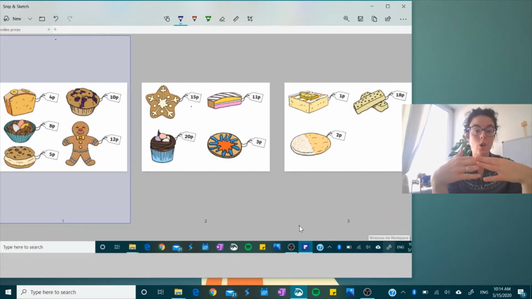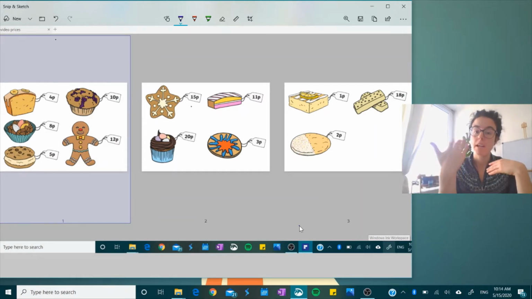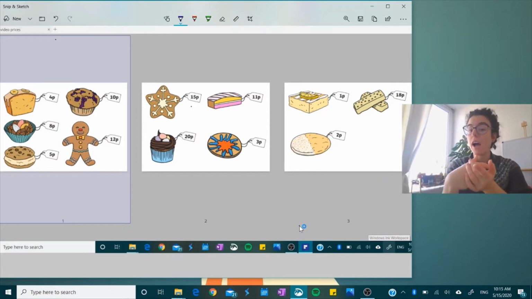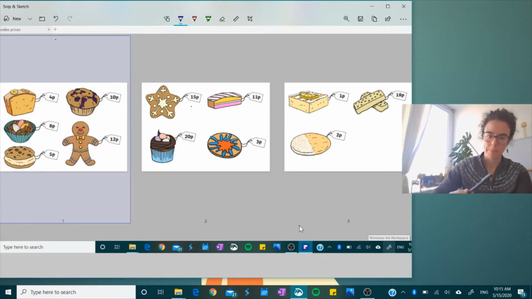That money is called your change. So if you give more money than the total, you get money back, and that is your change. And to find out what your change is, we need to use subtraction. Let's get started with an example.